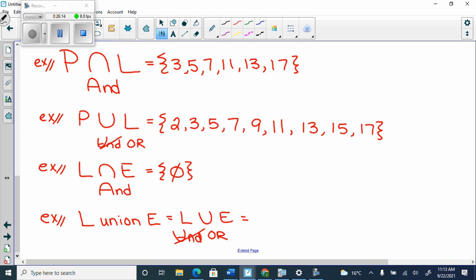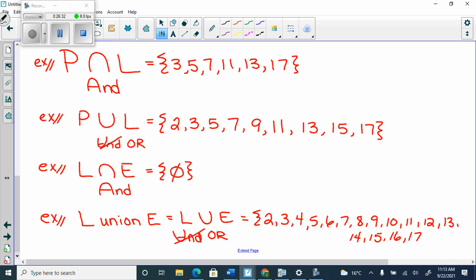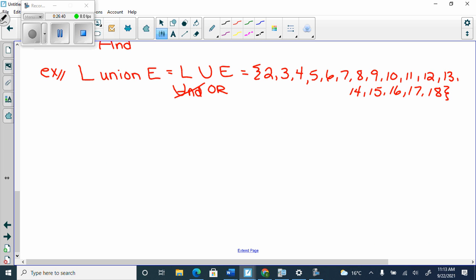So it's going to be 2, 3, 4, is it everything but 1? 5, 6, 7, 8, 9, 10, 11, 12, 13, 14, 15, 16, 17, 18. Right? Make sense?